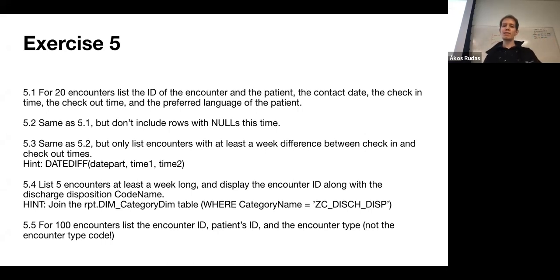So now we have basically these two. Again, the question was, let's list the patients who had encounters at the facility with the most encounters. So we have the facility, we have the original encounters. What's the next step?